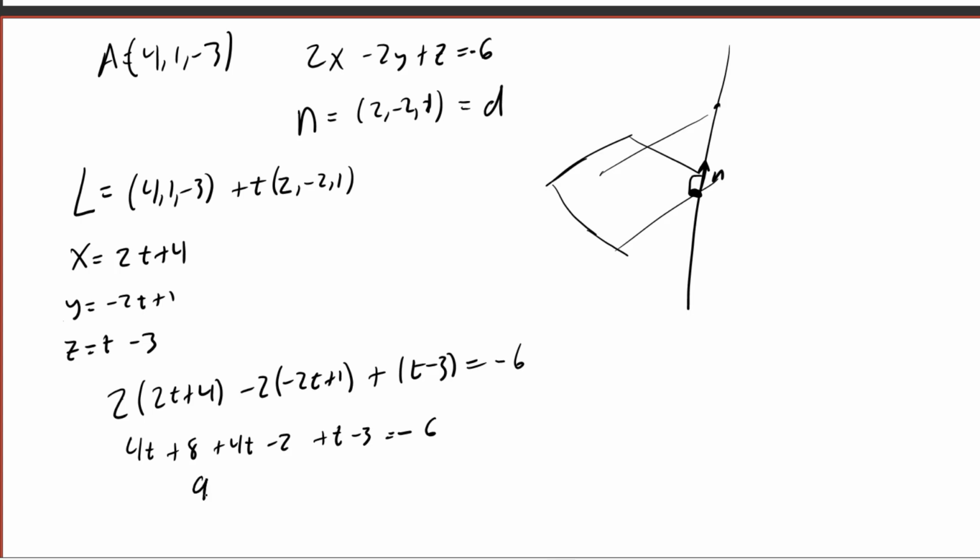Alright, so I still have 9t, but now I have plus 3 equals minus 6. There we go. So now we have that t equals negative 1.